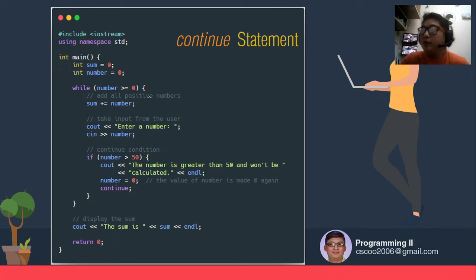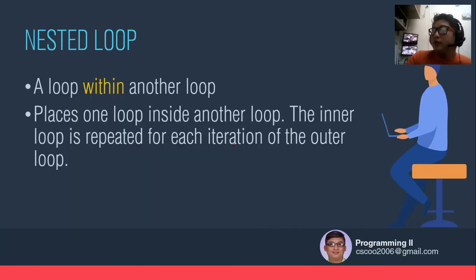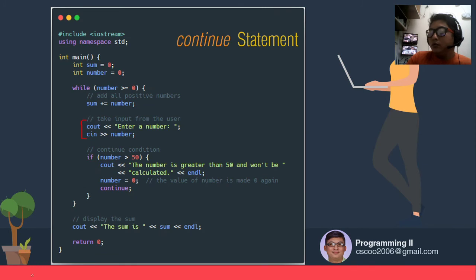So in this example, we have a while loop. So we have a condition that if a number is greater than 0 or 1 and above, we will be adding all the generated count, and we intend to allow the user to input again a number. So if the user inputs above 50, your program will reset back to 0 and continue to the loop again.